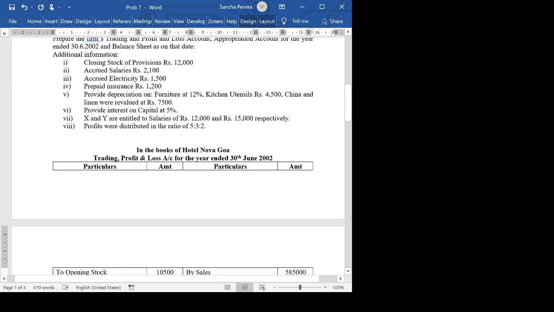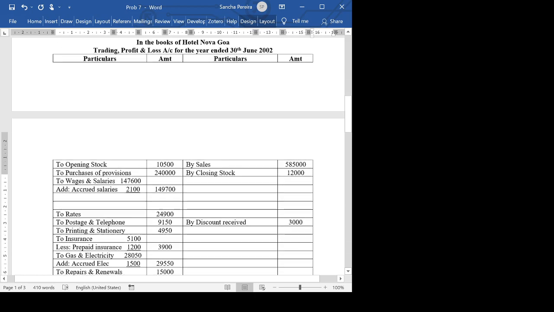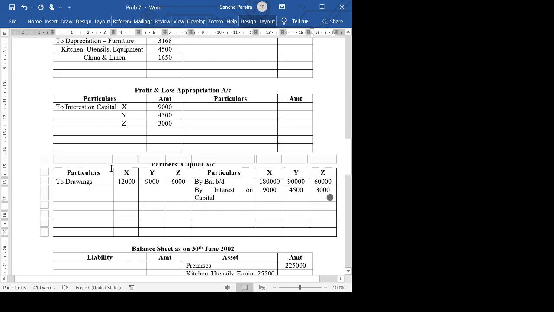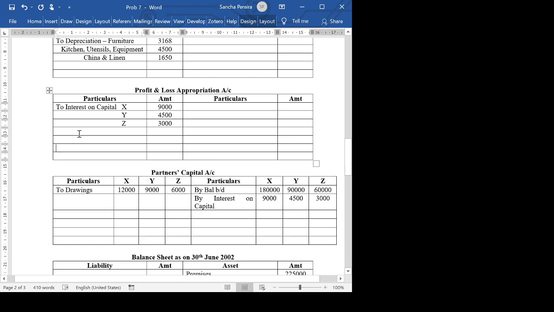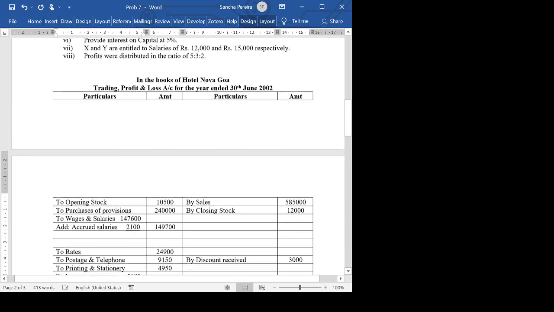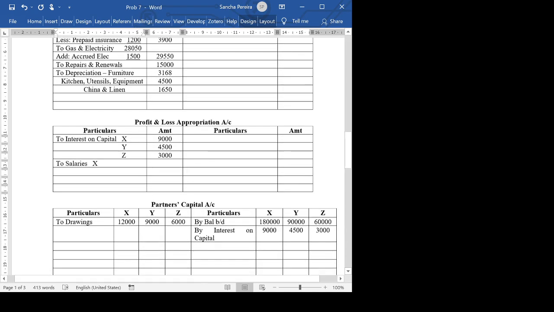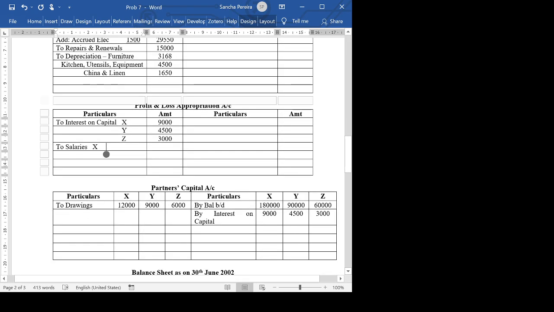Next one, X and Y are entitled to salaries of rupees 12,000 and 15,000 respectively. So only X and Y get salaries. X gets 12,000 and Y gets 15,000.